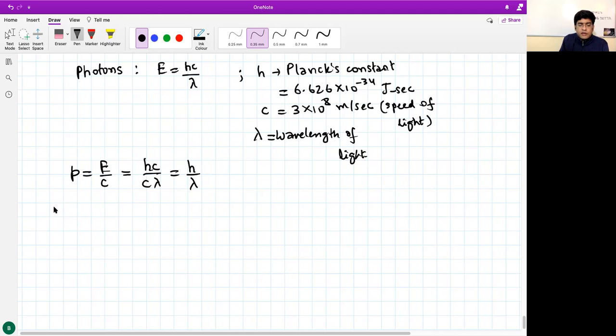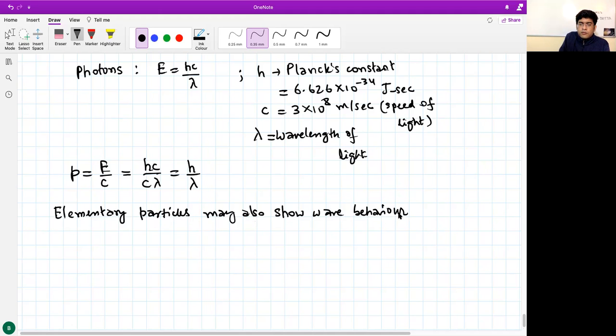So de Broglie said that elementary particles may also show wave behavior, with lambda equal to h by p. Okay, let's stop here, and in the next class we'll again start with this. Any questions?